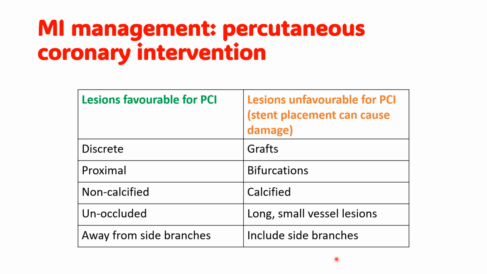And then this table here which talks about some of the lesions favourable for PCI, so lesions with the discrete, proximal, non-calcified, unoccluded, and away from smaller side branches, and lesions unfavourable for PCI, so grafts, bifurcation, so branches of vessels, if they're calcified, and they include the smaller side branches.